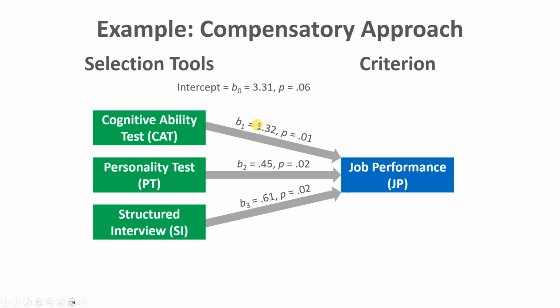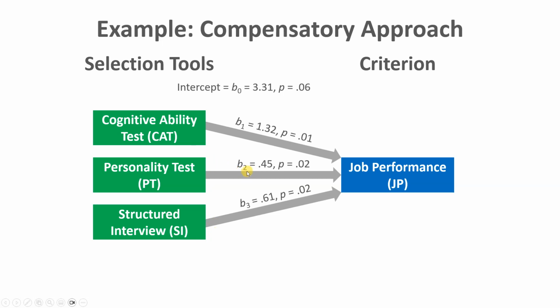The value of our regression coefficient, the estimate, is 1.32. The associated p-value is less than the conventional alpha threshold of 0.05. And so we would conclude that this regression coefficient of 1.32, representing the association between cognitive ability test scores and job performance scores, is statistically significantly different from 0 when statistically controlling for the other predictor variables, which are the selection tools in this model.